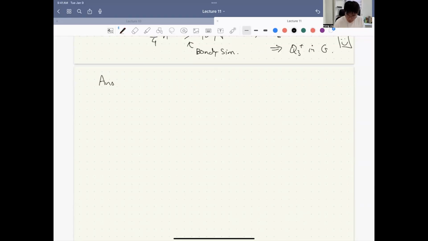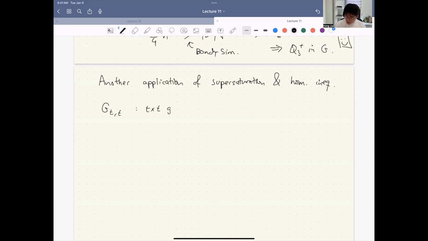This is the extremal number for the grid. So let's call G_T the T by T grid.